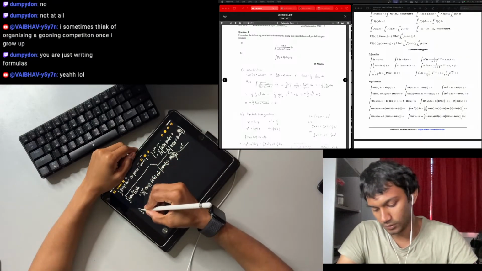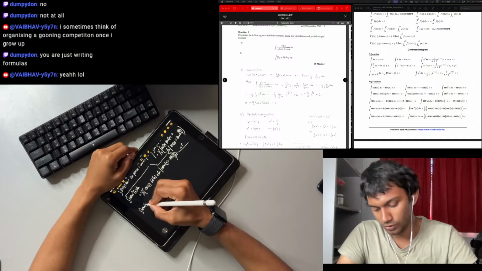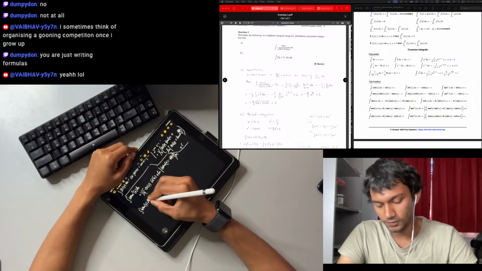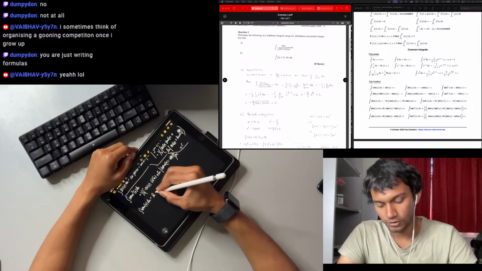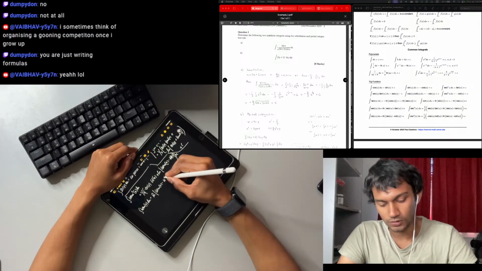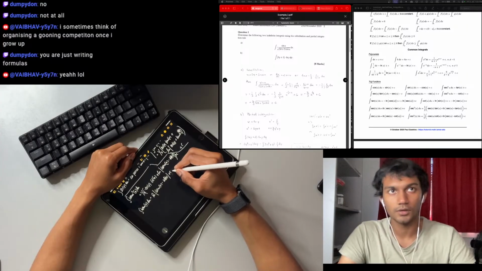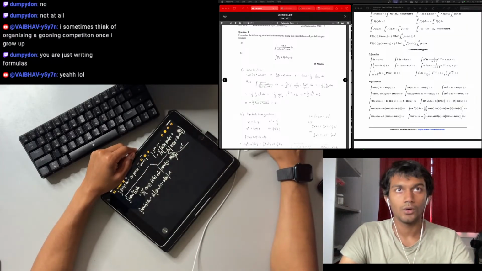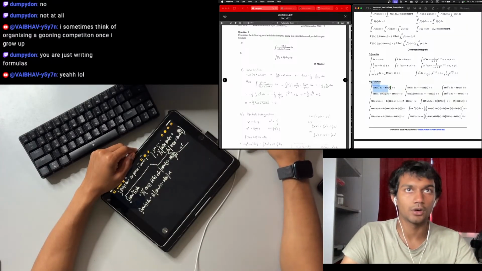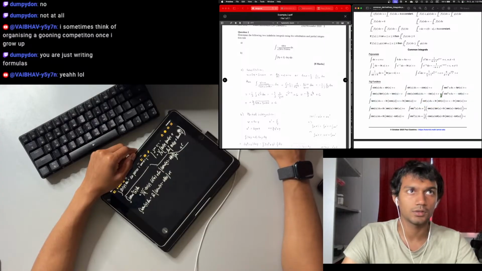Integral of cosine u du is natural log of cosine u minus cot u plus c. So I should learn the integral of cos, integral sine, integral sec tan, integral tan, integral cot.